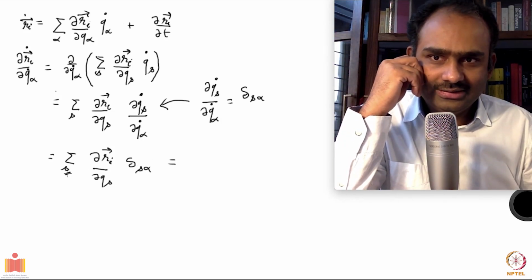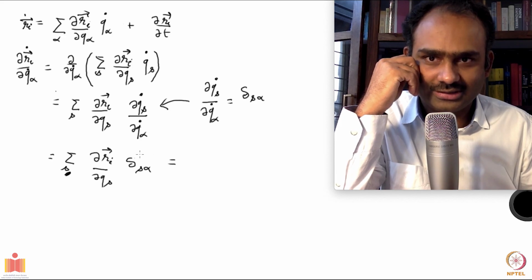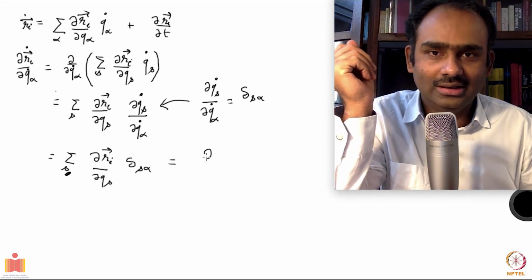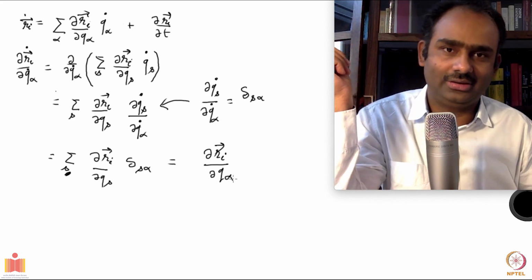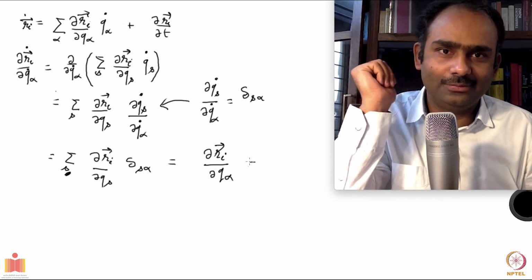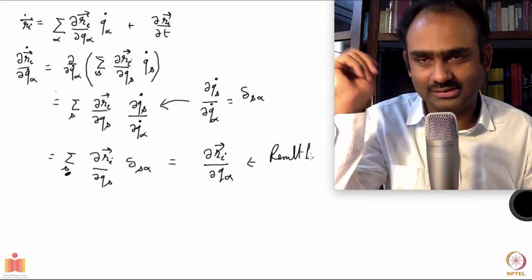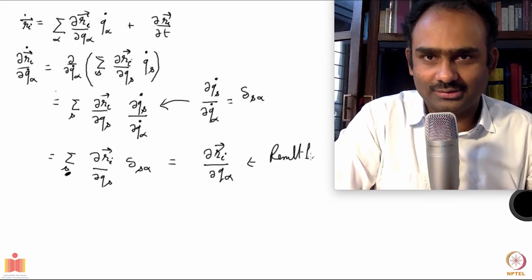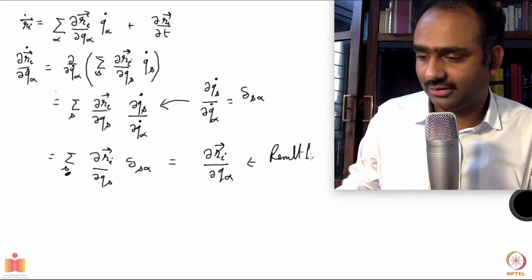Only when S hits alpha does this give a non-zero contribution, because the delta is 1 then, and the result will be del Ri over del Q alpha. So that's how you show this simple result. We have proved our result number 1, which was quite trivial. I just spent some time showing you the algebra explicitly.